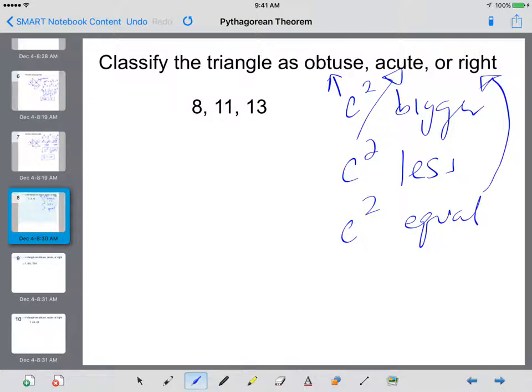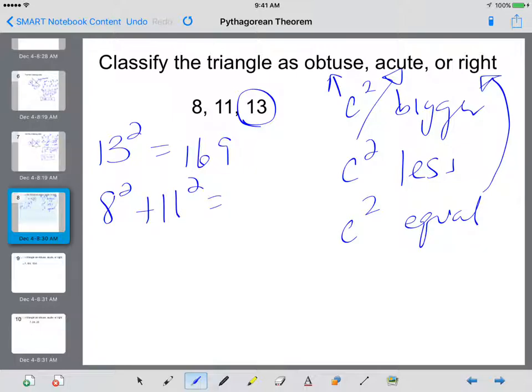So we need to establish, well, which one is going to be our c and which one's going to be a and b. C is always the biggest number. So the first thing I'm going to do is I'm going to take 13 and square it, in which I will get 169. Now I take 8 squared plus 11 squared and see what we get.